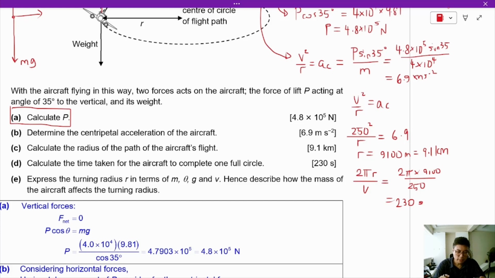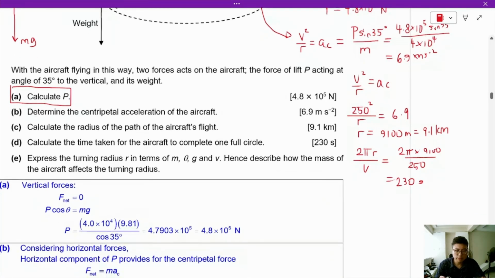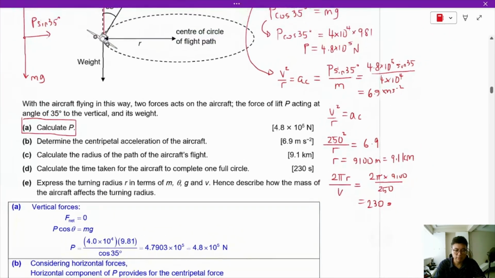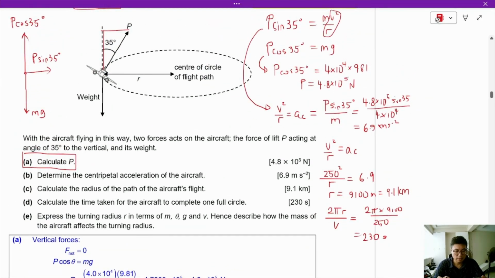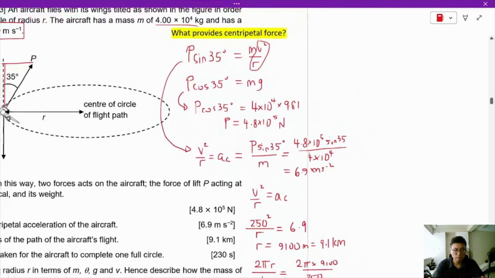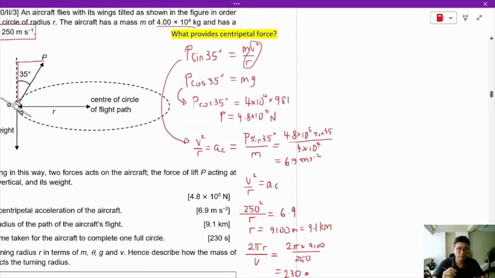Now express the turning radius r in terms of m, theta, g, and v, and hence describe how the mass of the aircraft affects the turning radius. Okay, so now we are going to have to combine these two equations.